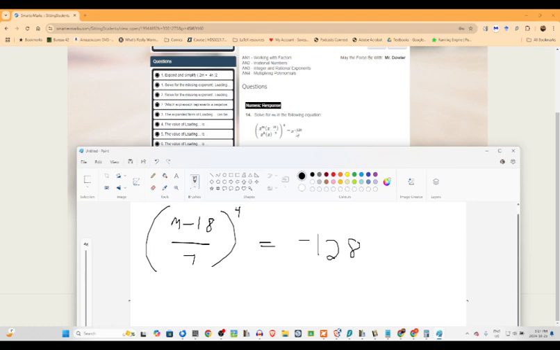So here I'm just writing the exponents themselves because we're going to add, subtract, multiply, and divide with these rules. So we are going to have 4m minus 72 all over 28 is a negative 128.